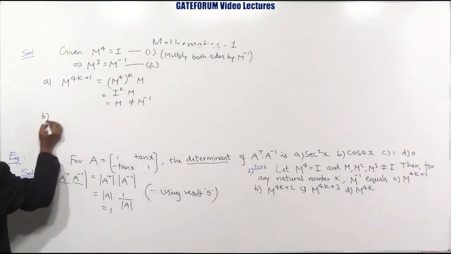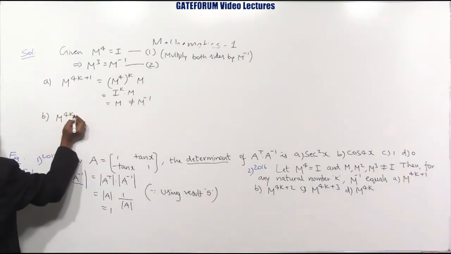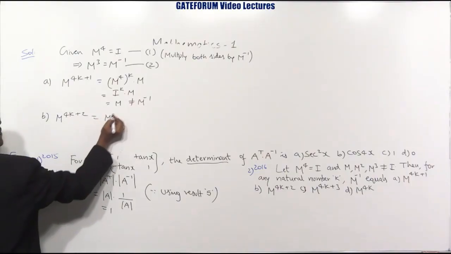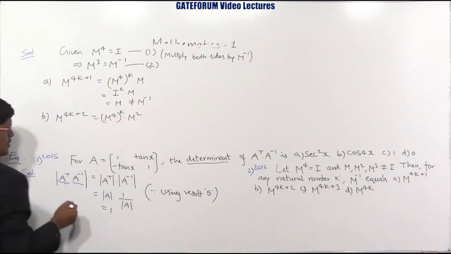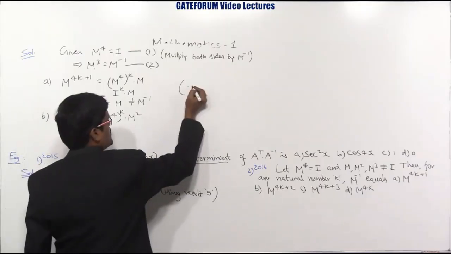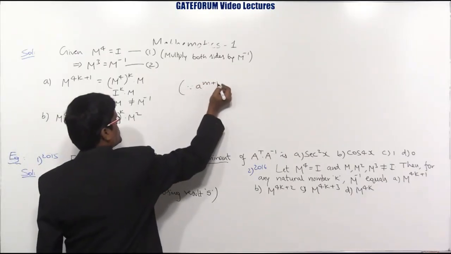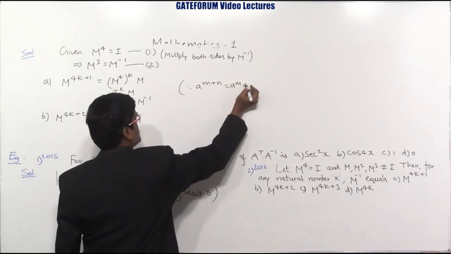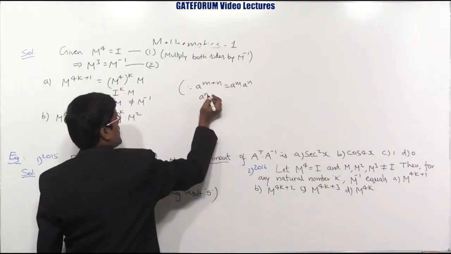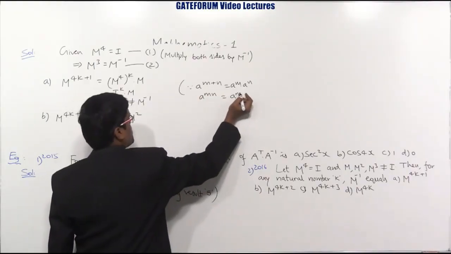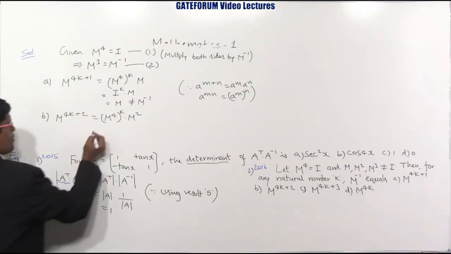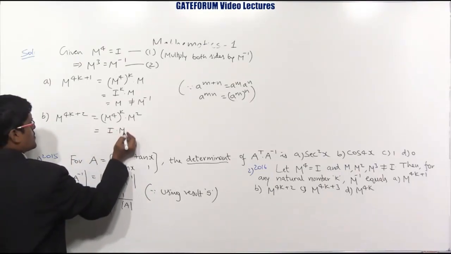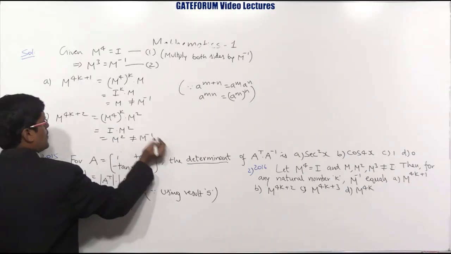So option B, m power 4k plus 2, I can write m power 4 whole power k into m square, since a power m plus n is equal to a power m into a power n, and a power mn can be written as a power m whole power n, from our childhood class properties. M power 4 is I into m square, which is equal to m square. This m square is not equal to m inverse.